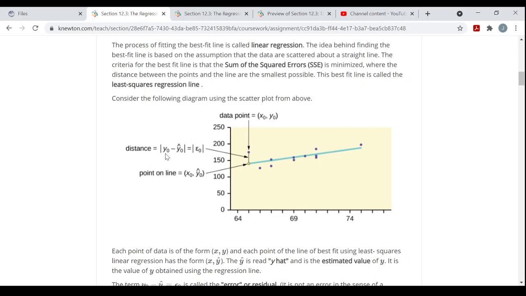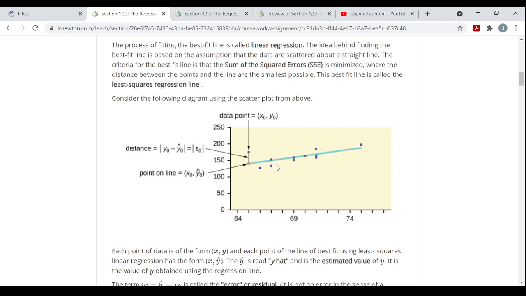And then you take y0 minus y0 hat, the actual value minus the line value, the predicted value. And then take the absolute value because we're just making the distance positive. And that's the absolute value of this epsilon 0, which, epsilon is a small Greek e, and it's for error. It's like the error.